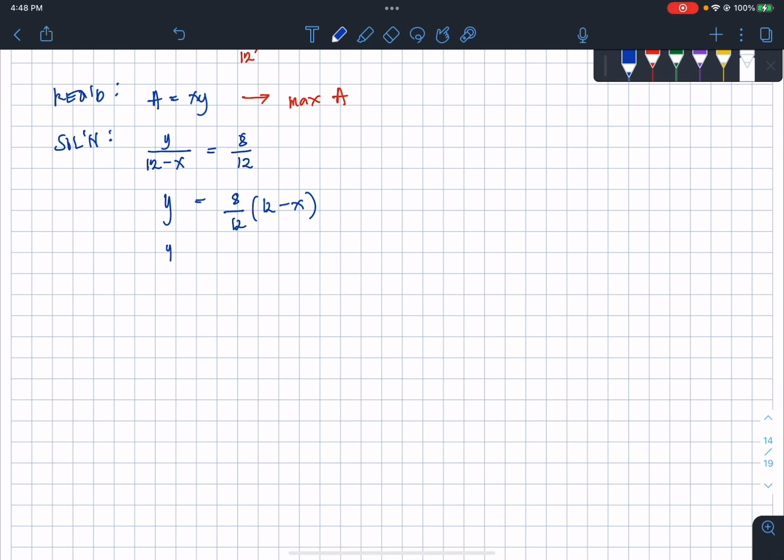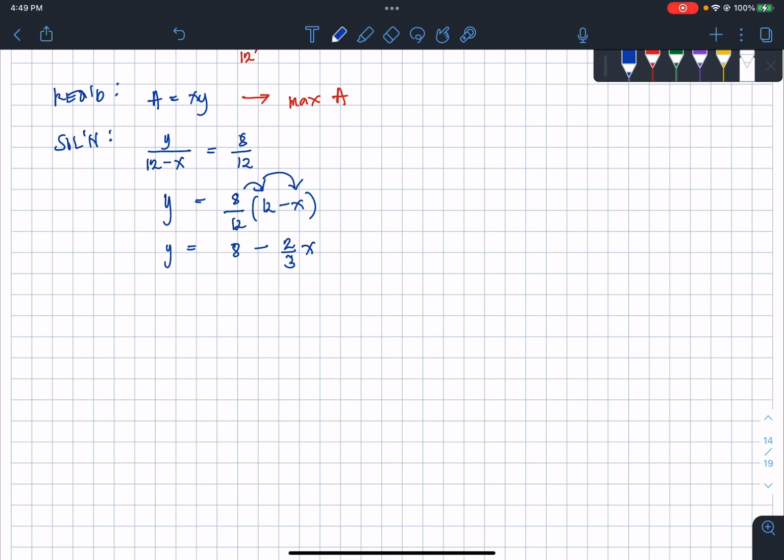So y is equivalent to 8 over 12 times 12, which is 8, minus 8 over 12 times x. In lowest terms, 8 over 12 is 2/3, so we distribute and get 8 minus 2/3 x.